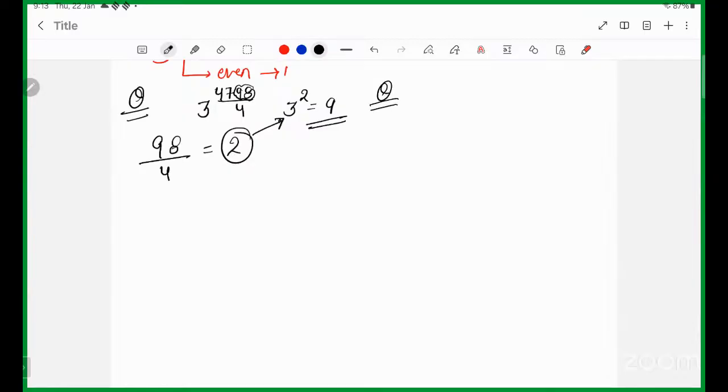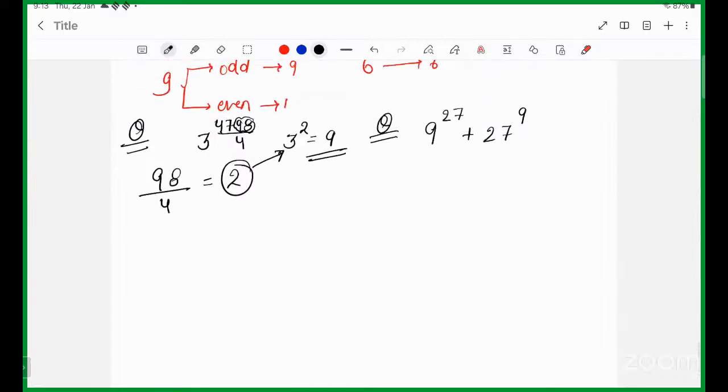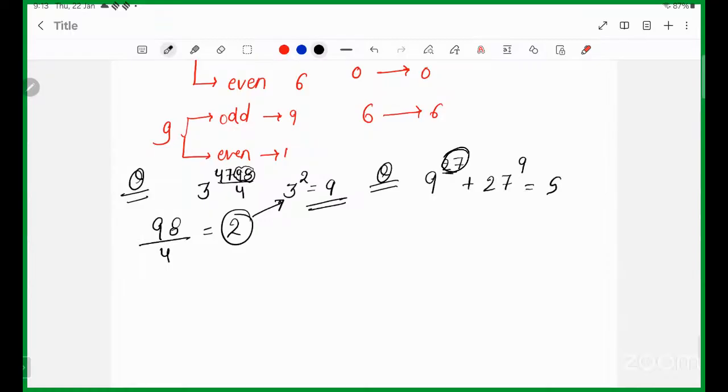Okay. Next question. 9 raised to power 27 plus 27 raised to power 9. Here also, what is the sum of unit digits? First I will find the answer of this. Now, I told you 27 is an odd number.